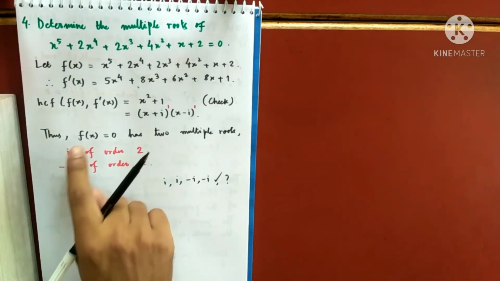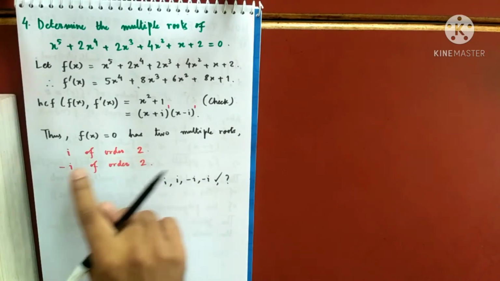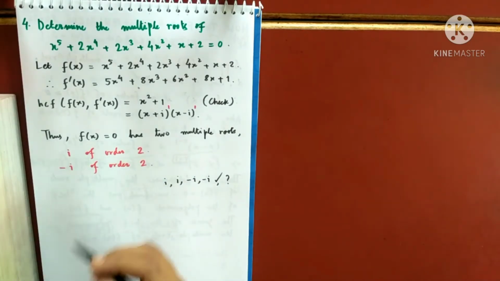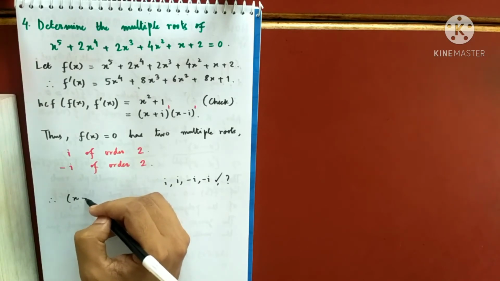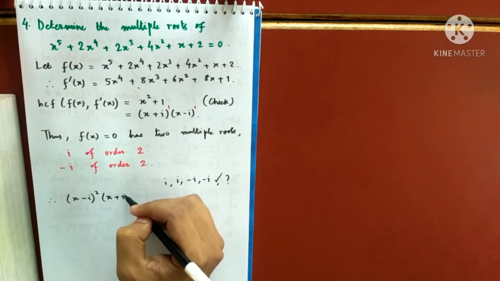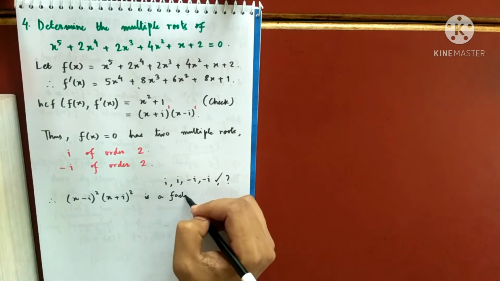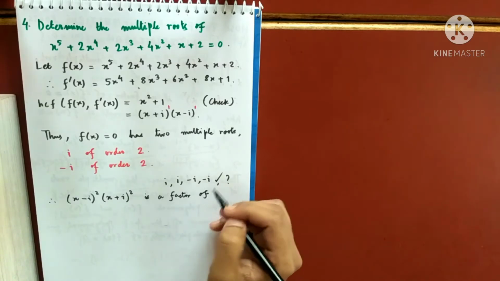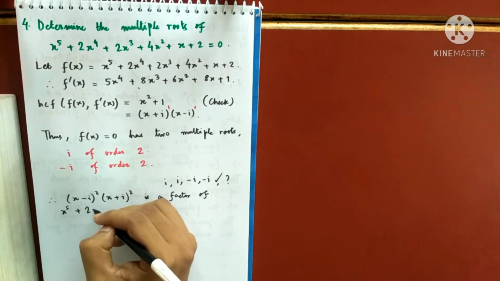See here what they have said. f(x) has two multiple roots, i of order 2 and minus i of order 2. So therefore what can I say? (x minus i) whole square into (x plus i) whole square is a factor of the given polynomial, not equation.